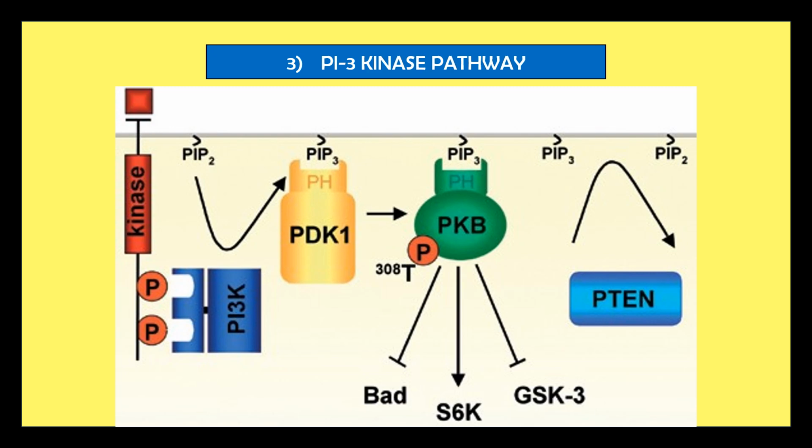PI3 kinase catalyzes the formation of PI-3,4-bisphosphate or PI-3,4,5-triphosphate, which act as the docking sites for various signal transduction proteins.